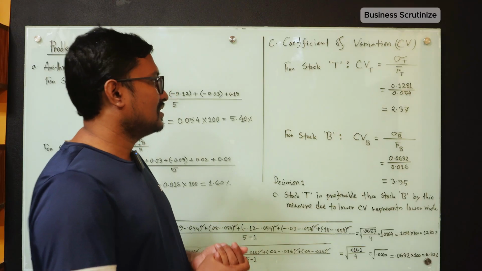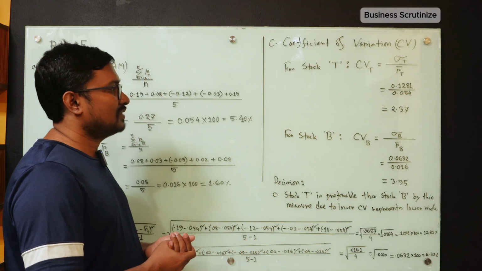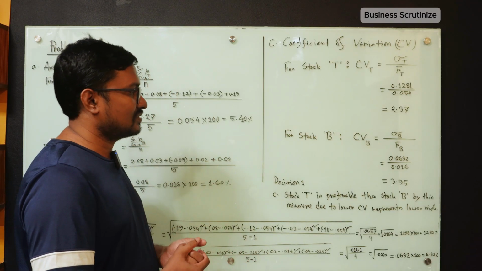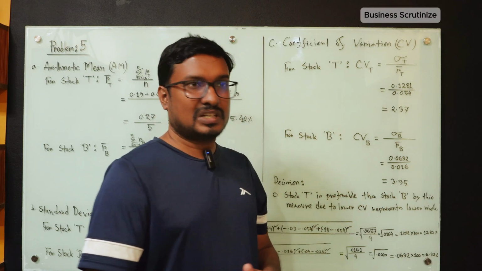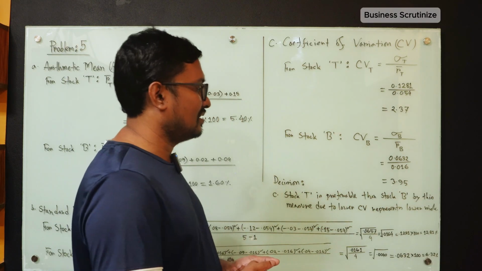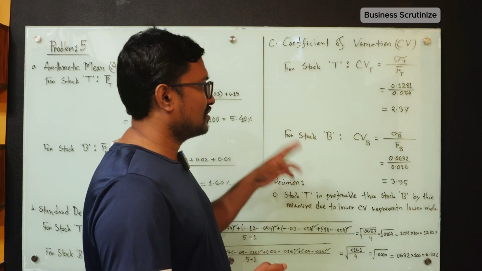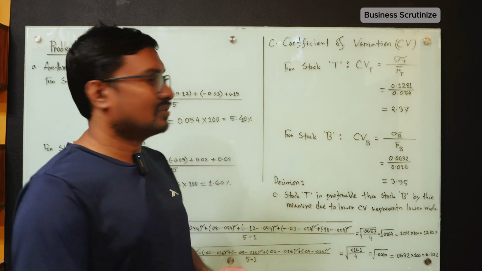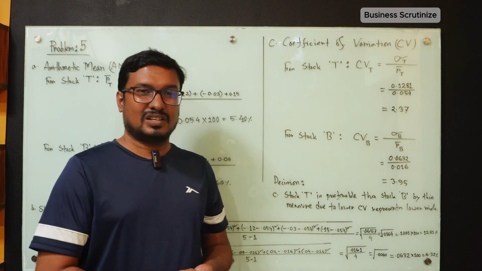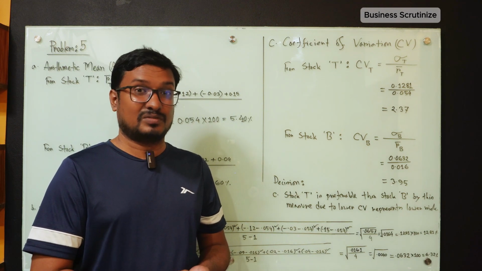For this measure we will prefer stock T over stock B, because stock B has a higher CV, which shows higher volatility or higher risk. So between the two stocks we will go for stock T. In this way you can also compute the requirement of coefficient of variation.